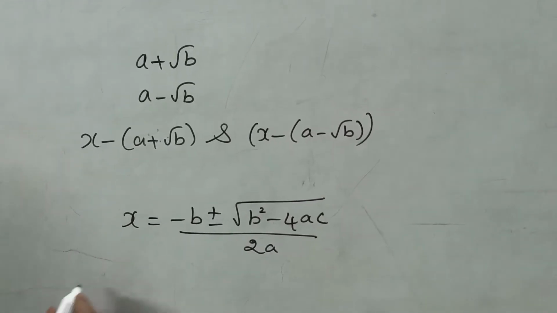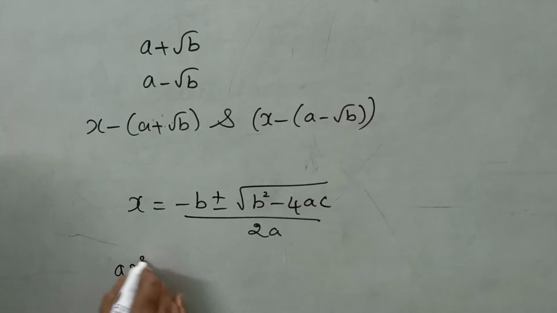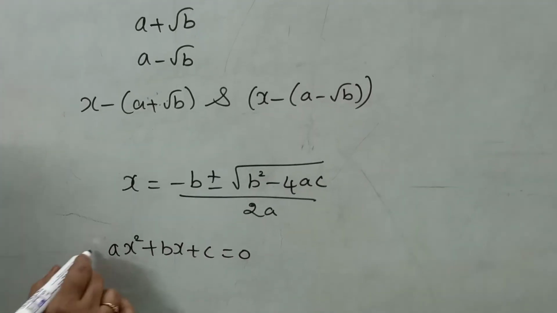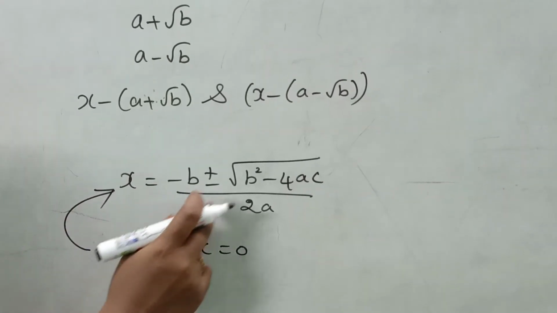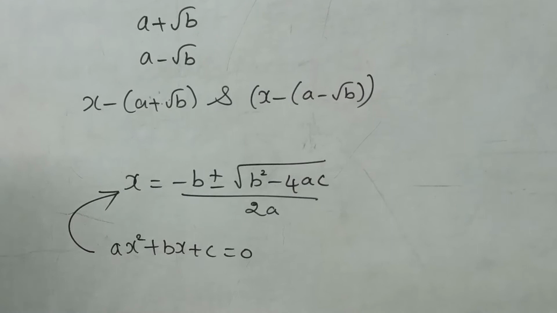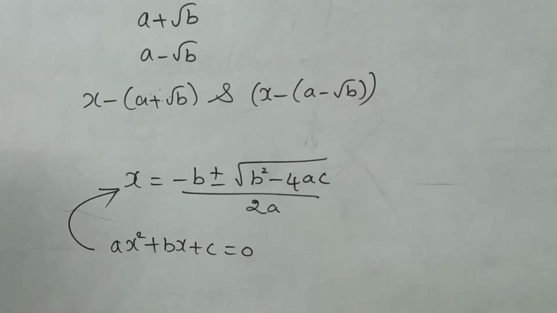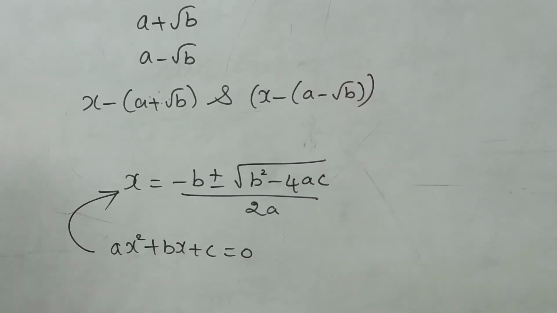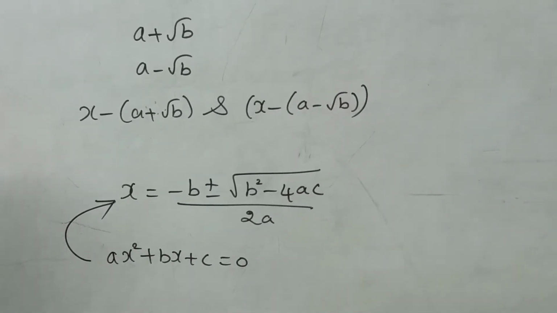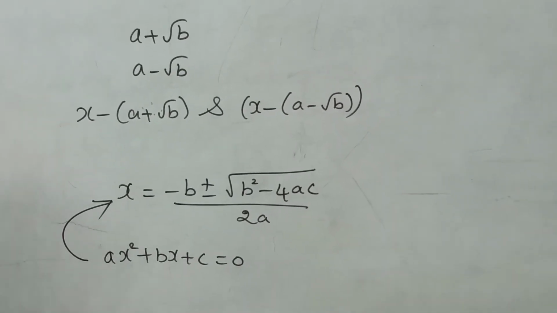For a quadratic equation of the form ax square plus bx plus c equal to 0, the roots of the equation are minus b plus or minus root of b square minus 4ac divided by 2a. This formula is used to find the roots of the quadratic equation. When we cannot use the factorization method, we can apply this formula.